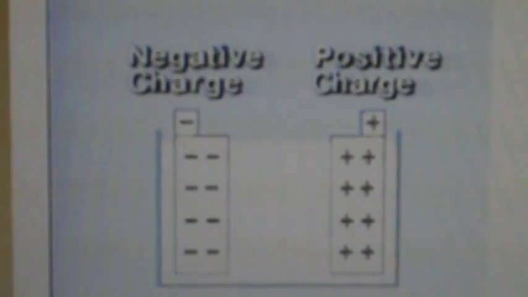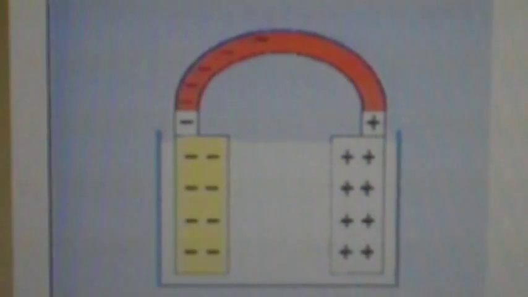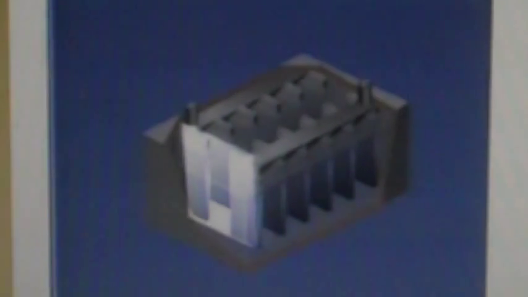The less reactive material gains electrons and becomes negatively charged. The difference in these positive and negative charges generates a potential difference, or voltage, causing current to flow through a circuit. The positive and negative plates are alternately arranged in cells.